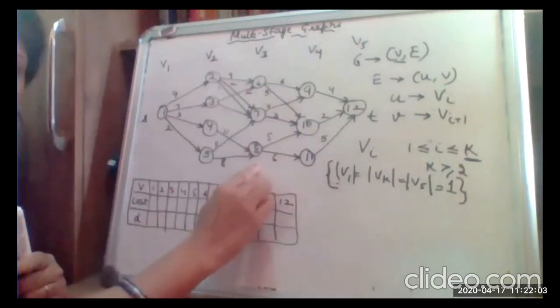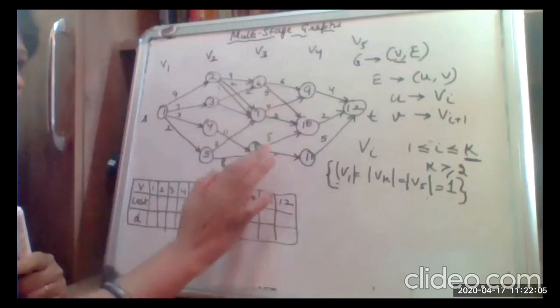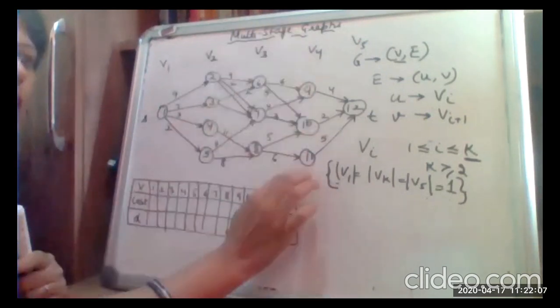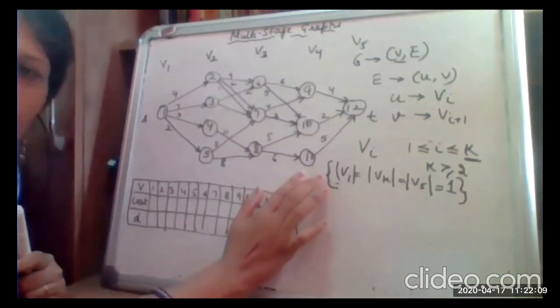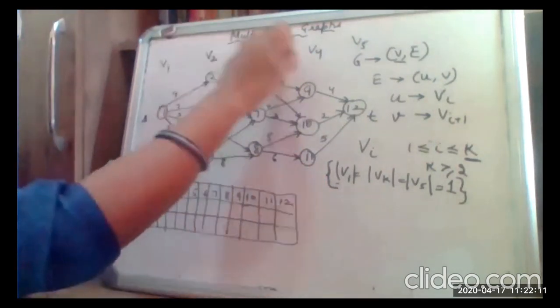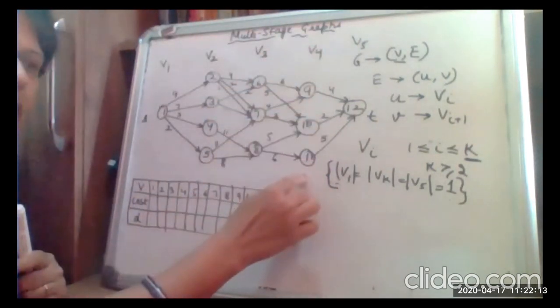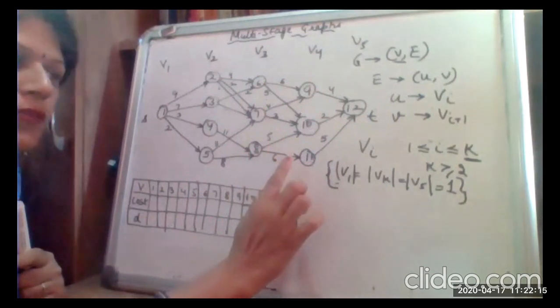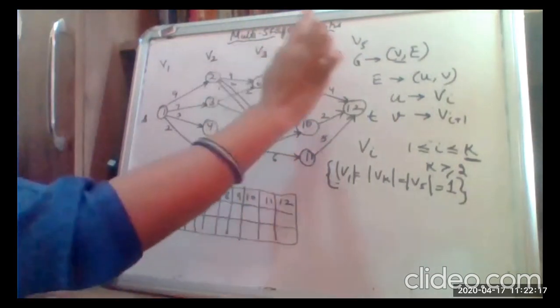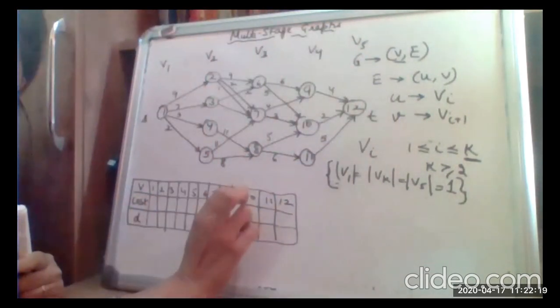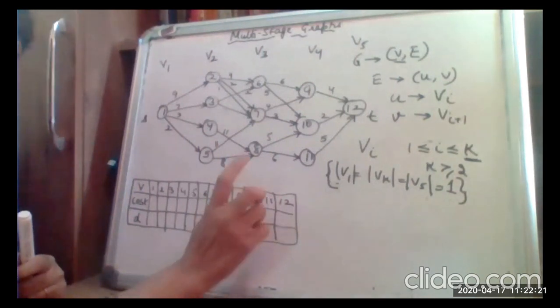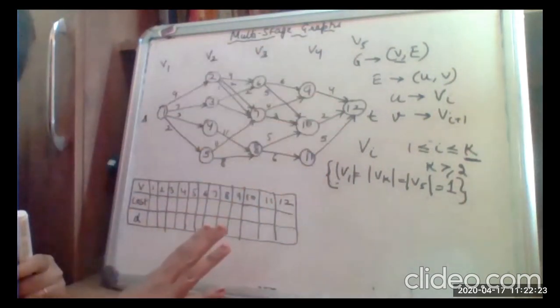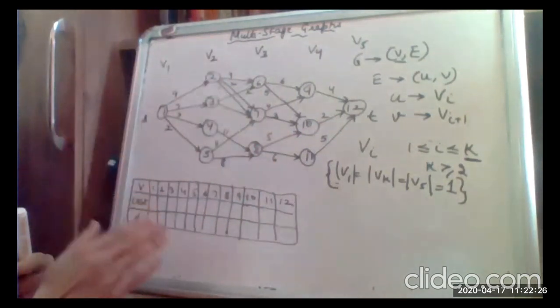And any of the edges that go from 6, 7, 8 will be part of the vertex set or the stage 4. And all the edges that go from the vertices of stage 4 will end up in stage 5. Yes, so this is how the same term is different ways of telling about the same thing.